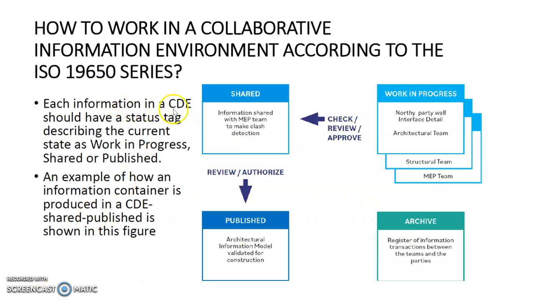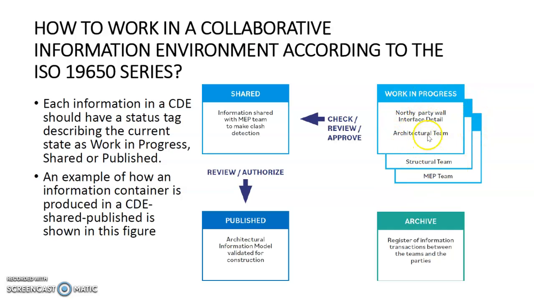Each information in the common data environment should have a status tag describing the current work as work in progress, or shared information, or published information, or even archive information. This is an example of how an information container is produced in the common data environment shared publish flow.